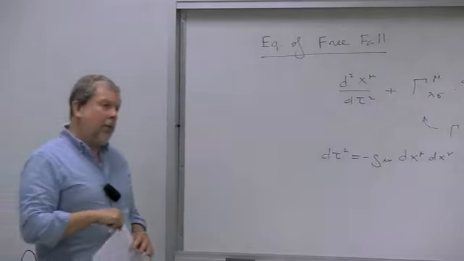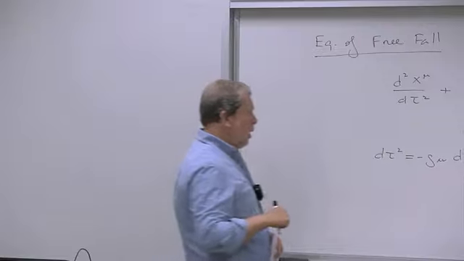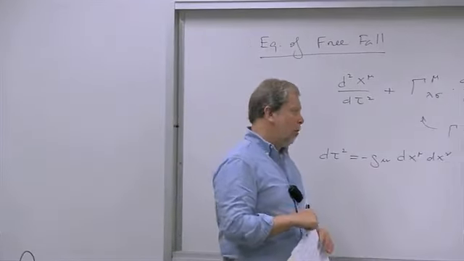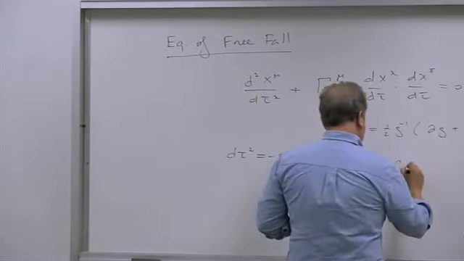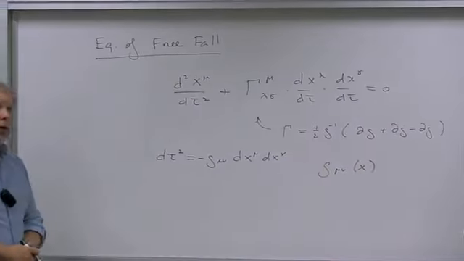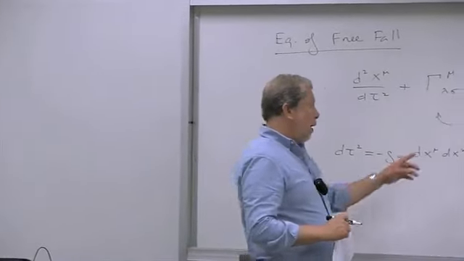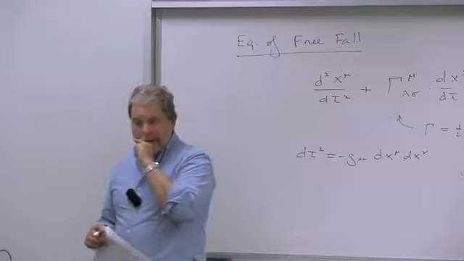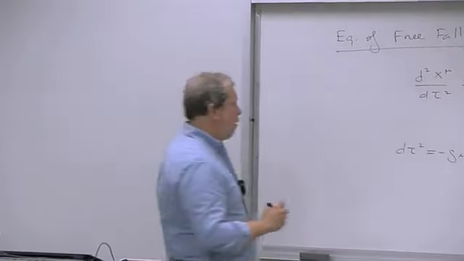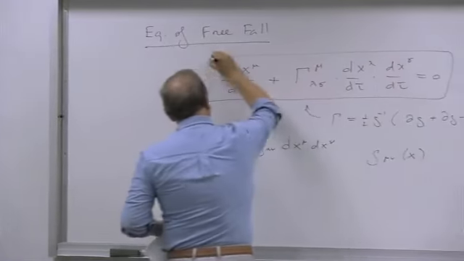And so we discussed the fact that you don't really quite know what to do with this equation unless you know, of course, what the metric is. The metric depends on x. And so if you know the metric, which is the gravitational field, then you know the affine connection because you just have to calculate those derivatives and you stick it into the equation of free fall and you will get the analog of Newton's equation.